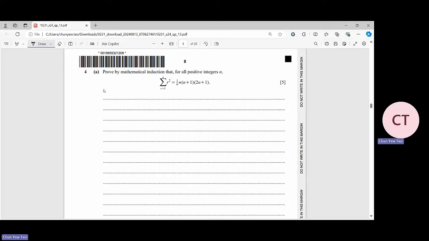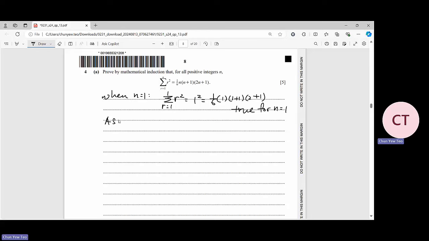So what you need to do is just say that when n equals 1, the series of r from 1 until 1 will be 1 squared. And if you put n as 1 inside here, it will also give you 1. So this one is true for n equal to 1.